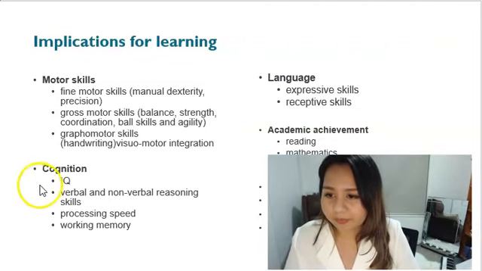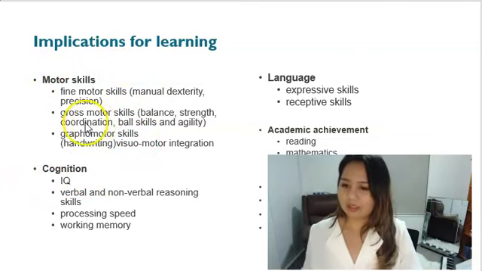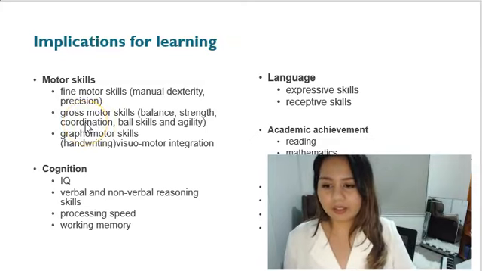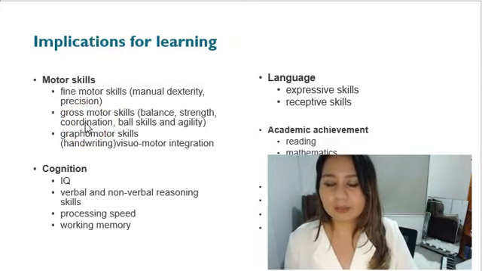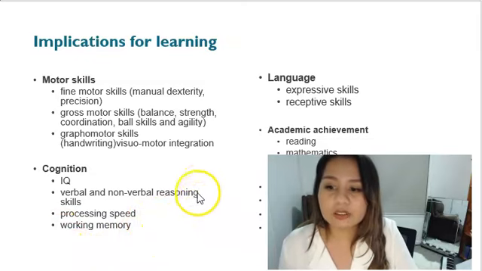So we have their motor skills. This can affect sport and can be discouraging for them when they are not very good at team sports and in PE. Their cognition, so you have their working memory, processing speed, verbal and non-verbal reasoning skills, and IQ.